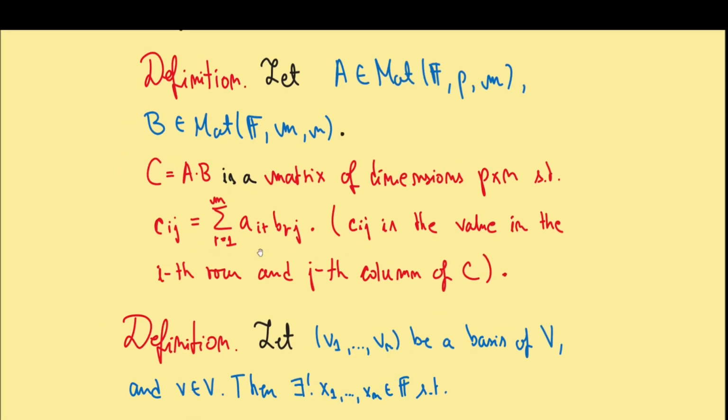So you fix the ith row of your matrix A, and you fix the jth column of your matrix B, and then you go through the rows.